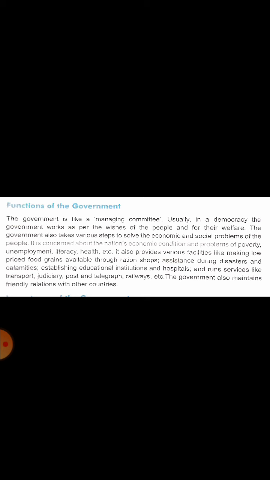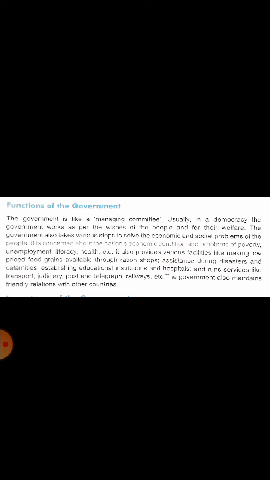We will get low priced food grains, and assistance during disasters and calamities. If something happens in our surroundings, then the government will take care of it. So these are the main functions of the government. Almost all the areas are covered. That is completely the functions and responsibility of government.